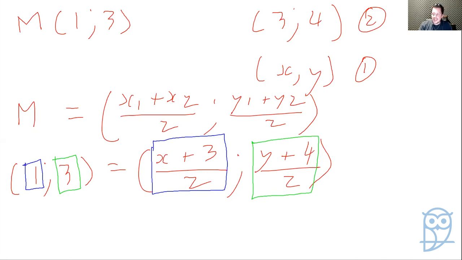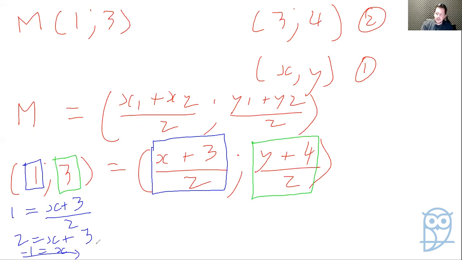Which means that we can actually create 2 new equations from this one equation. The first one says 1 is going to equal x plus 3 all over 2, because that must equal this. Well, this equation we can definitely solve. We multiply the 2 up. We take the 3 over, it becomes minus. The x is minus 1.